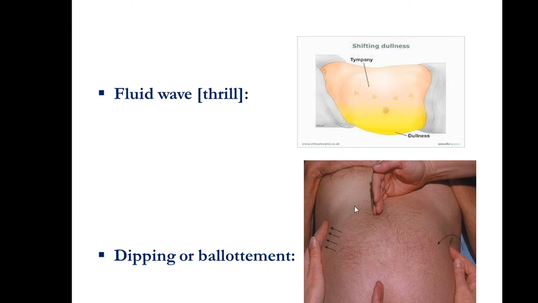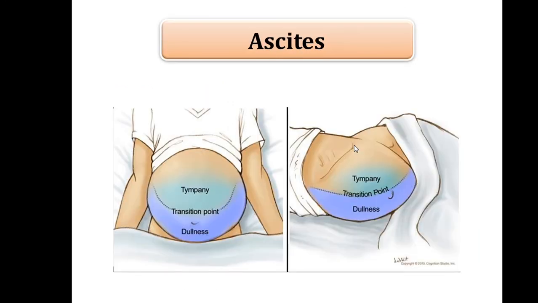during percussion, it may be detected as a fluid wave or thrills. And also we use this percussion to detect the level of fluid, first when the patient is lying down in horizontal position, and on the back side you can detect the lower border of dullness, and the upper border gives us tympany sound.